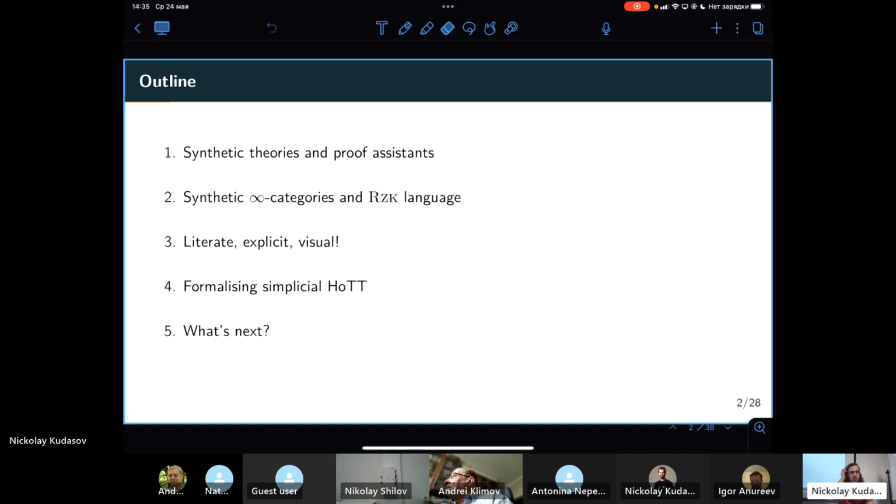Then I'm going to mention a few features or themes that I try to follow when I develop and think about possible improvements to the proof assistant and where it might go.